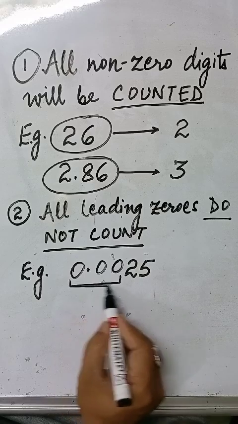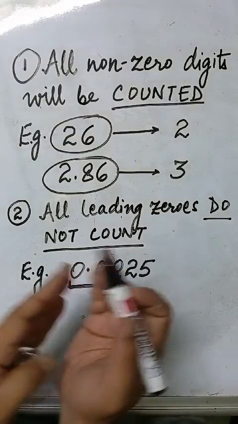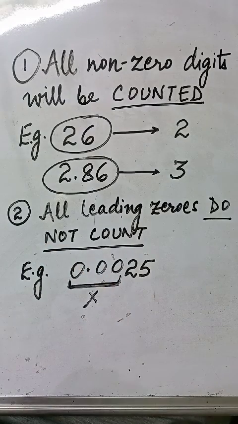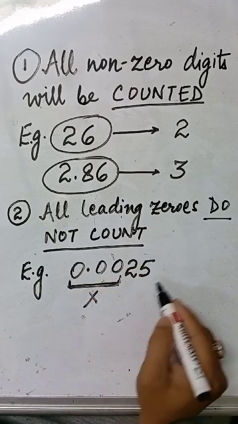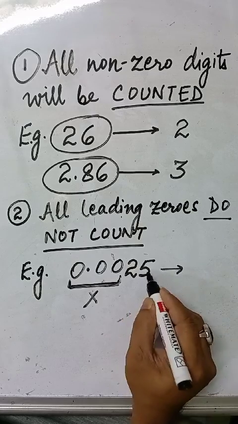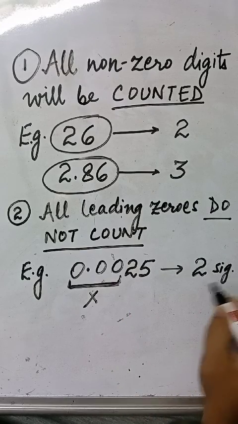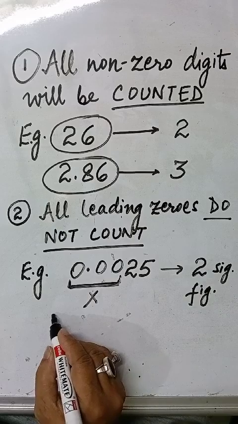You all know that these three zeros are going to be called leading zeros because they are in the front, so they are not to be counted according to the rule. So how many significant figures does this 0.0025 number have? It has only 2 significant figures. Clear?